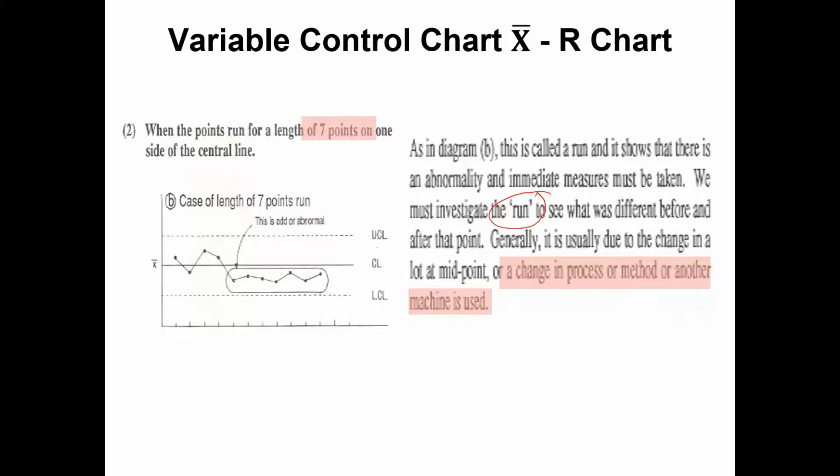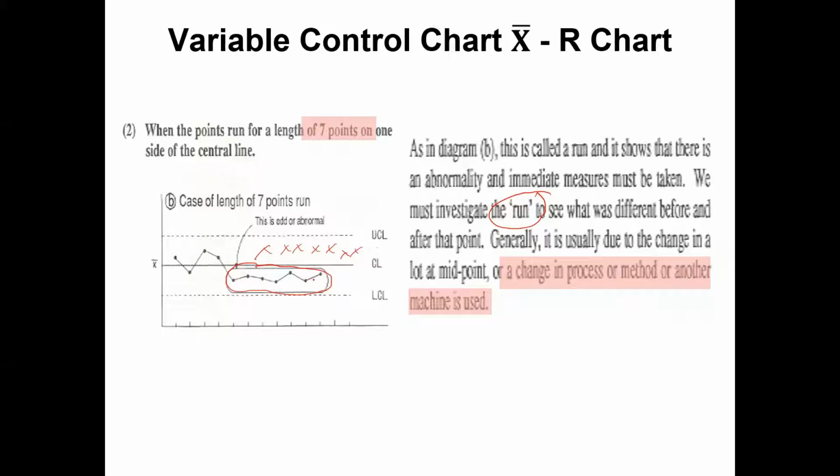Run means that if there are continuously 7 points running at one side of the center line, it could be this that I just circled, or it could be for example 7 points above the center line, then that is another indication that the process is abnormal.